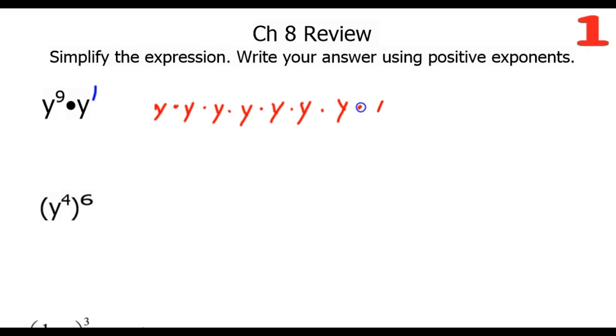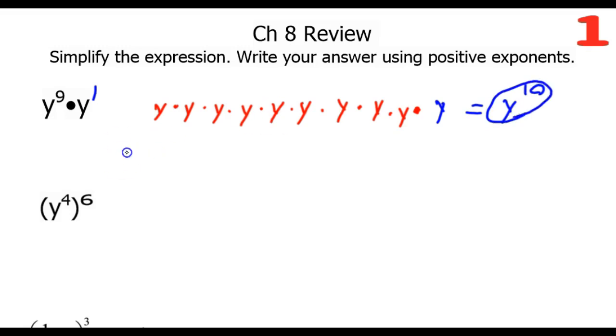That's 7, 8, and 9. We also have times 1 more y. So we have 9 y's plus 1 more y, which gives us a total of y to the 10th power. So our answer here is y to the 10th power.